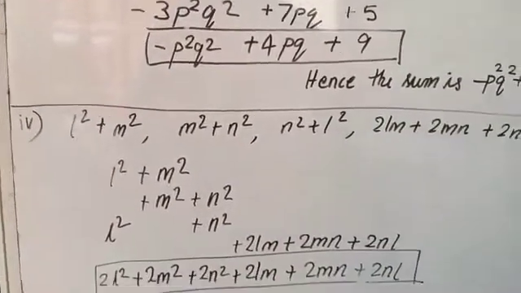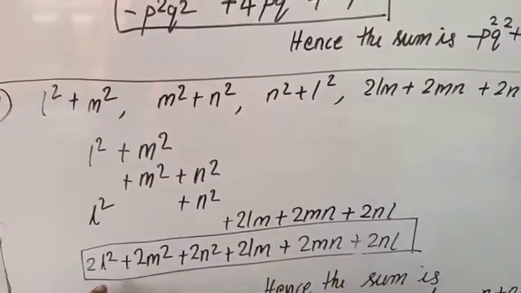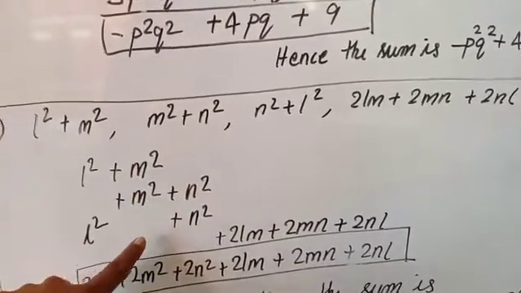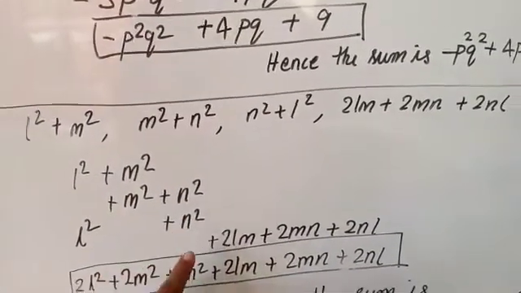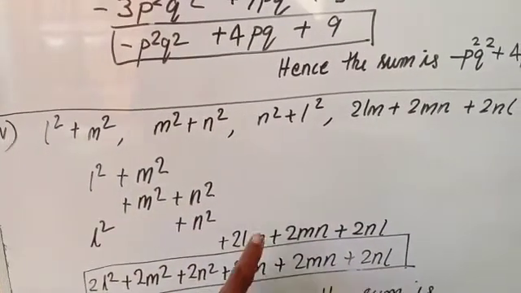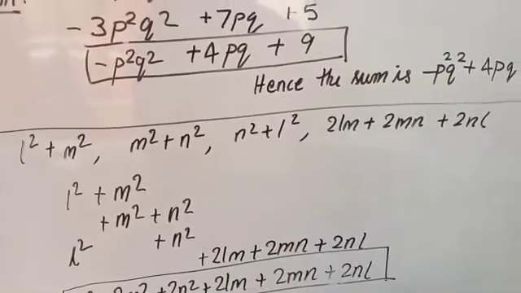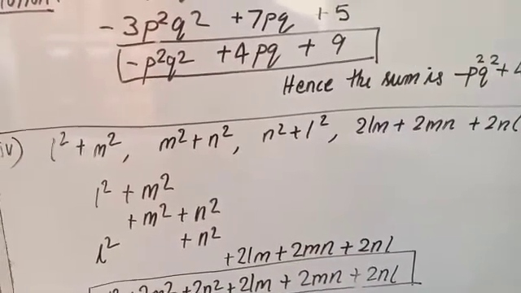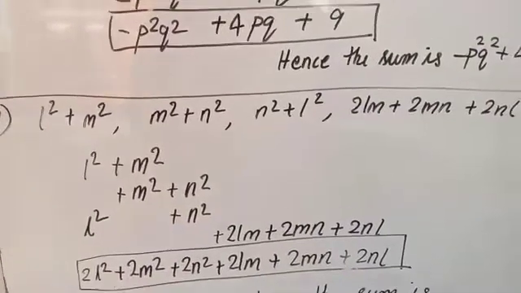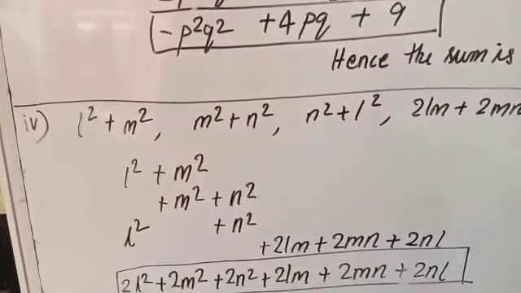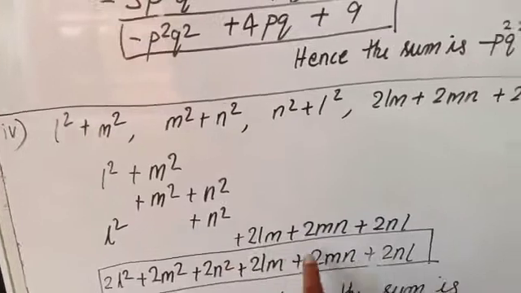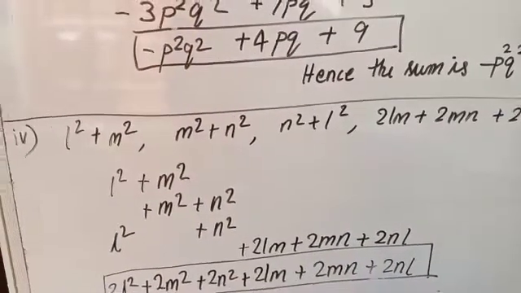2NL. Now we have to add L square plus L square, 2L square, M square plus M square, 2M square, N square plus N square, 2N square, 2LM, 2MN, 2NL. Now my dear students, by seeing this you may feel that let us modify something, because everywhere 2 is common, we can take the 2 outside.